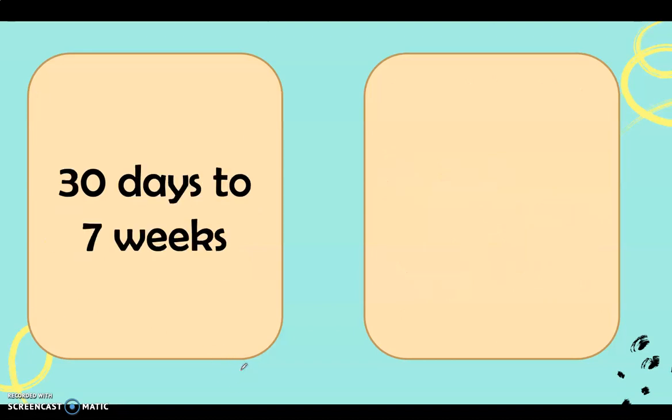Next, we have here 30 days to 7 weeks. It's the same, we need to make it the same unit. So we have 30 days to, in 1 week there are 7 days, right? And since it is 7 weeks, 7 times 7, it's 49 days. Then this is 30 over 49 for the fraction form, or 30 is to 49.